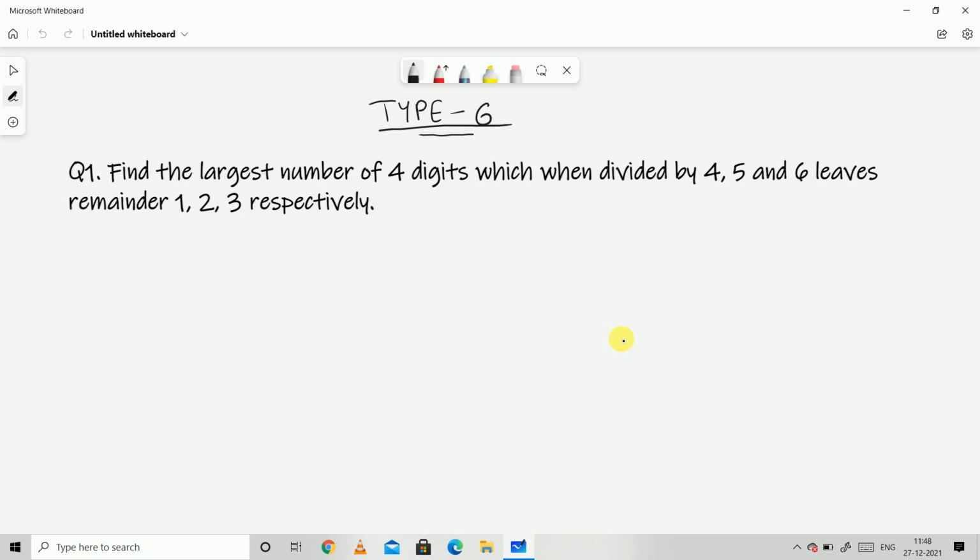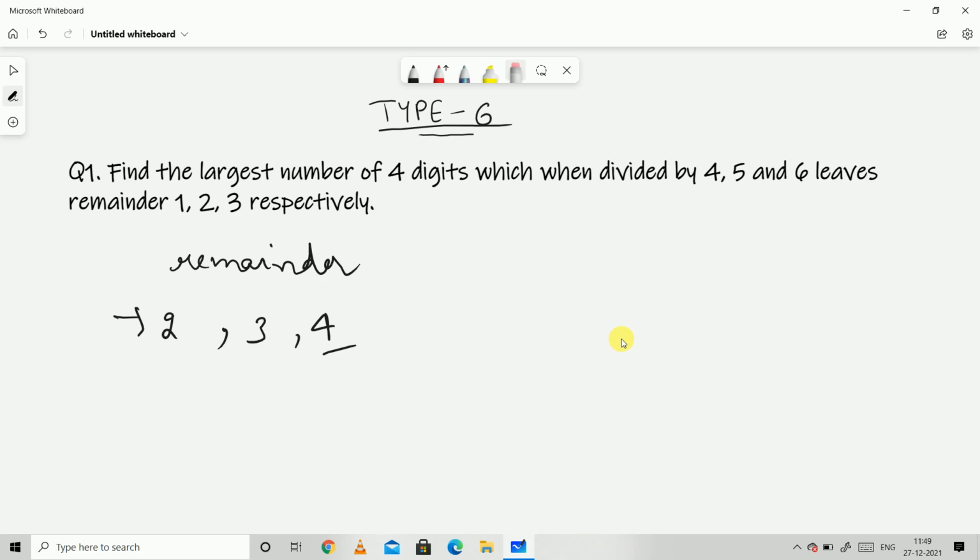We had seen that case, and we had also seen a case where it was leaving some common remainder, like 2 or maybe 3 or 4, a single remainder. Those two cases we had seen in our previous videos.